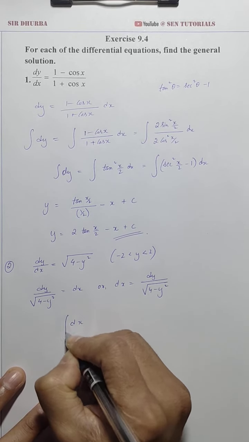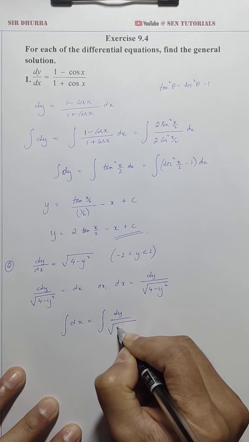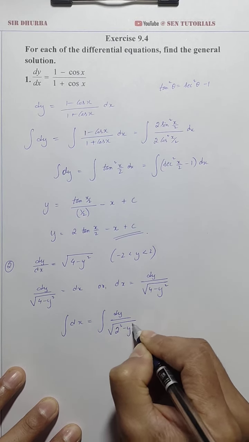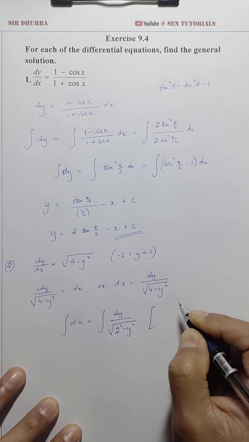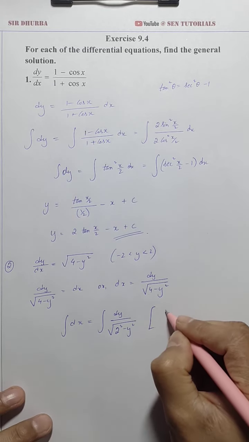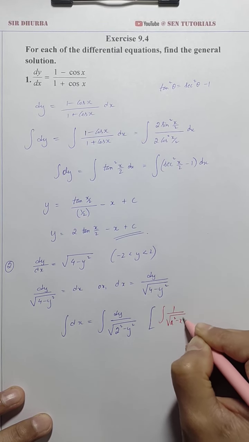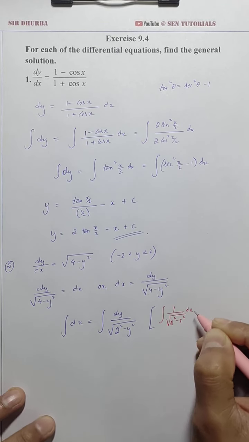So integrating both sides, now the integration of this function will be, root over 4 is 2 square, minus y square. Now do you remember the formula for a square minus x square? Integral of 1 by root over a square minus x square dx. What was that formula?